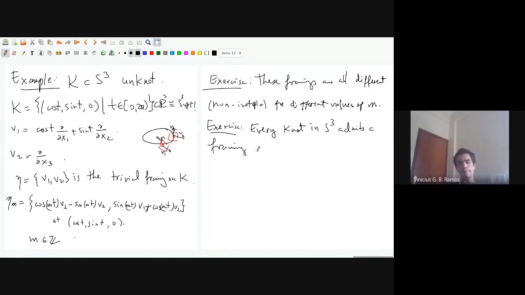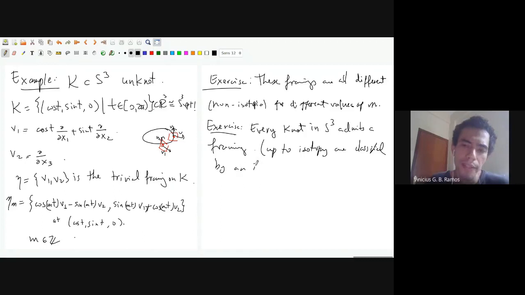But if you have a knot in R3, then you always have a framing. And the framings up to isotopy are classified by an integer.